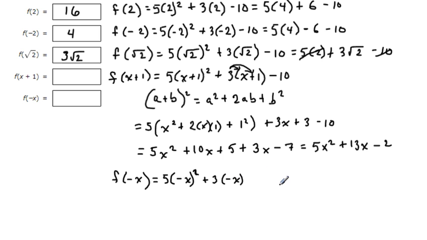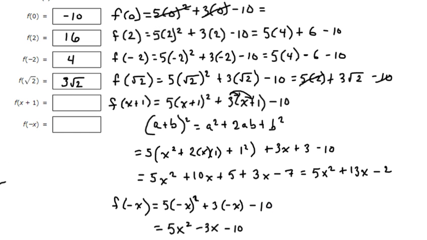Close the parentheses. And, of course, minus 10. Now, let's square the negative x. When you square negative x, you get positive x squared. So I'm going to have 5x squared. 3 times negative x is negative 3x, and negative 10. And that will be the answer for f of negative x.